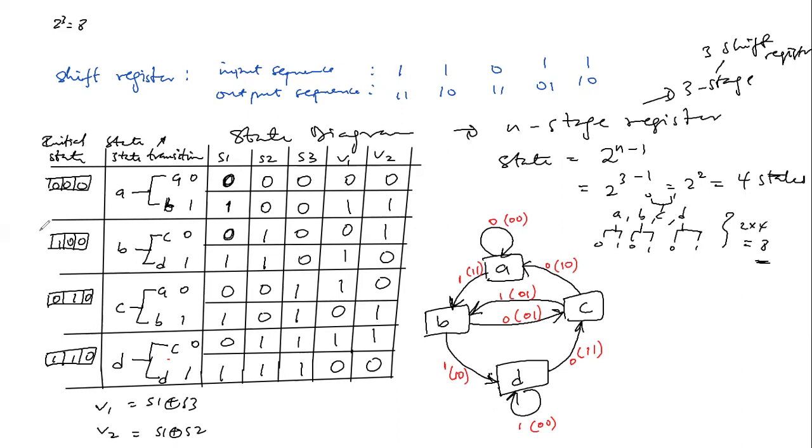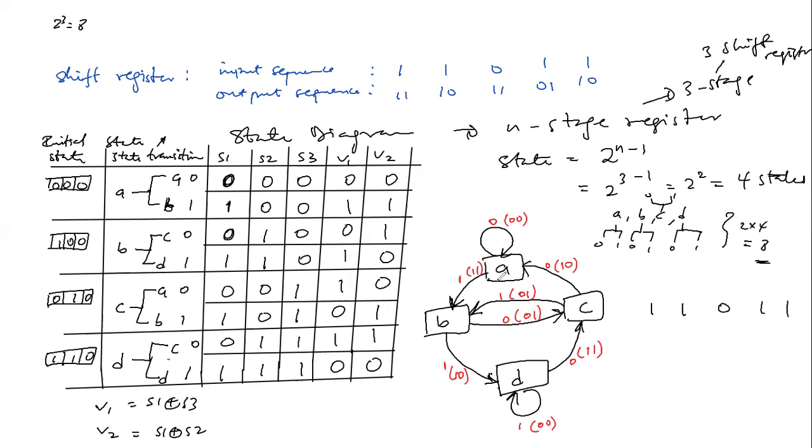So let us use this now to decode the sequence. So we have the input sequence 1, 1, 0, 1, 1. Okay. Now, if 0 was emitted, we move from state A to state A. Since 1 is emitted, we move from state A to state B. Okay.